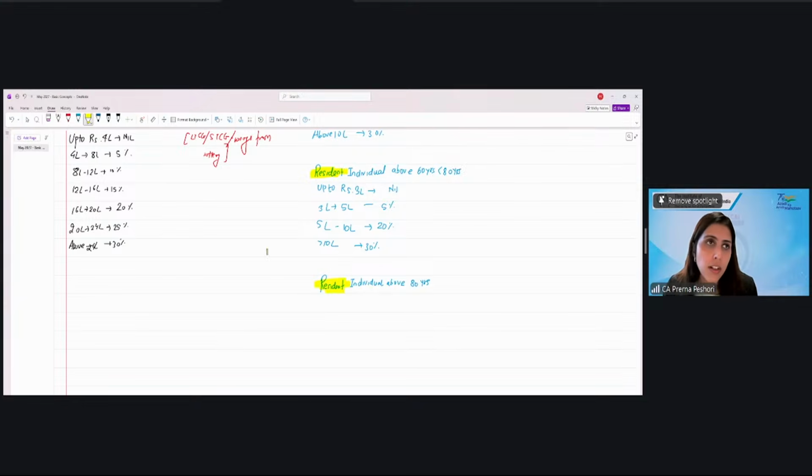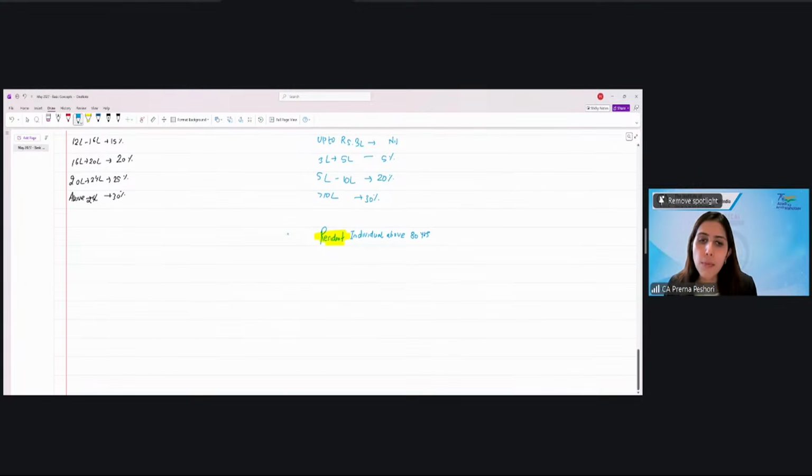Otherwise, if it's a non-resident individual above 80 years, he will go under the regular slab of 2.5 lakh only. So what is the slab? Up to rupees 5 lakh, nil. 5 lakh to 10 lakh, directly 20%. And above 10 lakh, it will be 30%.